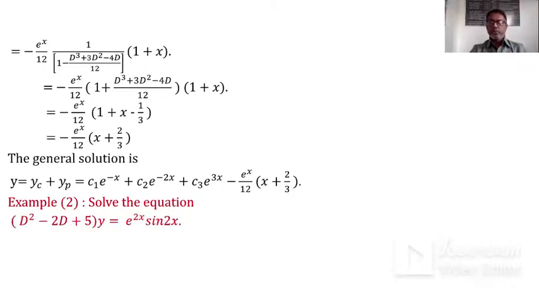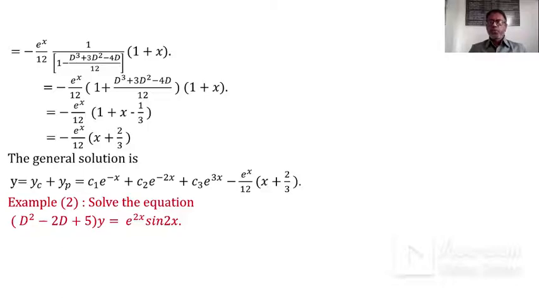Solve the equation (d square minus 2d plus 5) y equals e to the power 2x into sine 2x. Now again, as usual, to find the general solution of this non-homogeneous differential equation, we first find the complementary function.